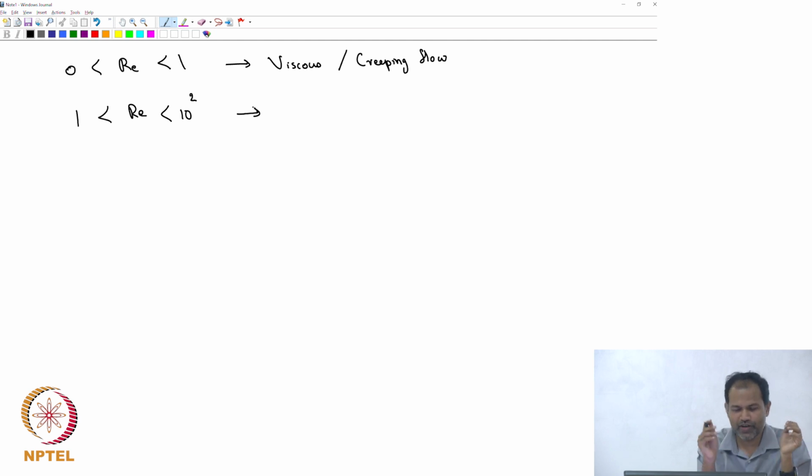If the Reynolds number is between, let's say, 1 and 100, the inertia of the fluid is going to become important, so this is strong inertia, but the flow will still be laminar.